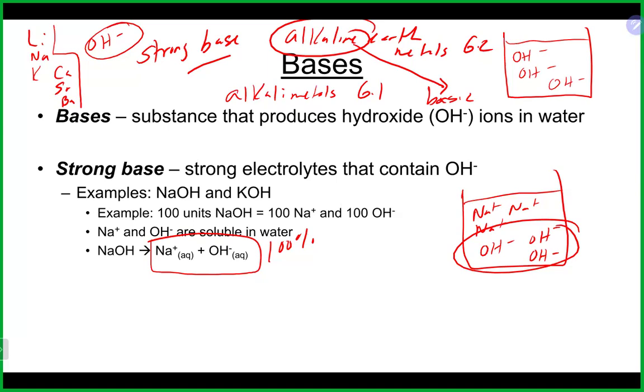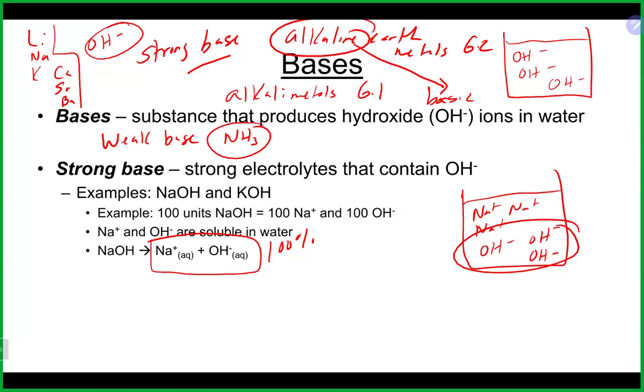Not all bases, as we will see, are strong bases. There are weak bases. Probably the most common weak base that you will come across most likely is ammonia. So what happens with ammonia? Ammonia does not have OH in it.